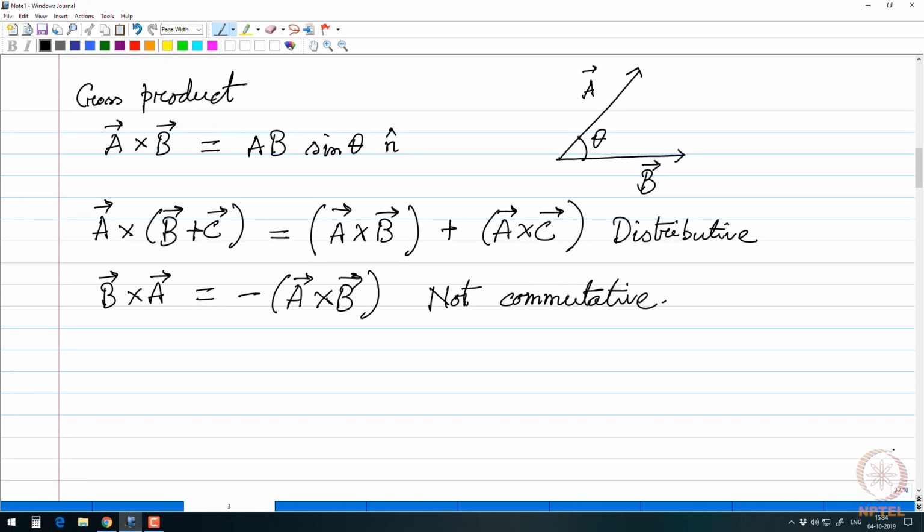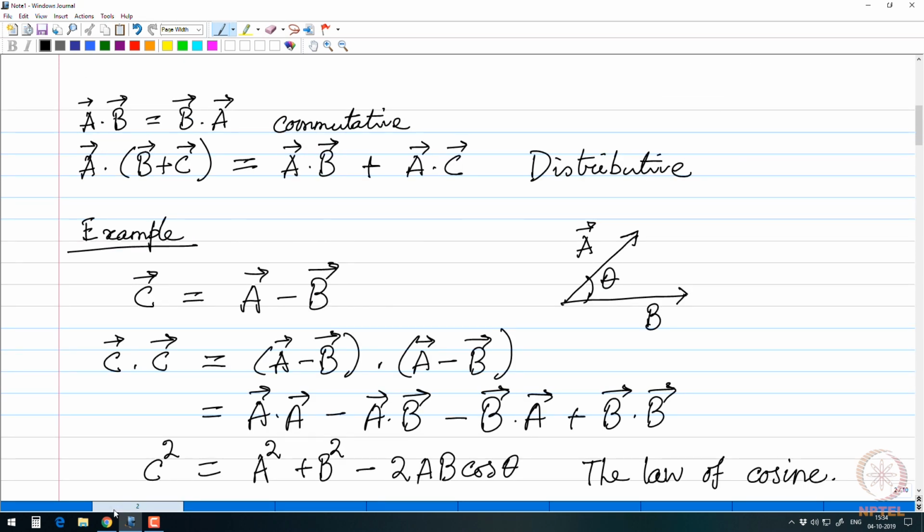And how can we interpret the cross product? The interpretation of the cross product is the area of this parallelogram. On the contrary, a dot product represents the projection of one vector scaled by the other.